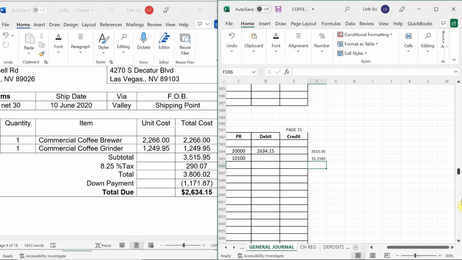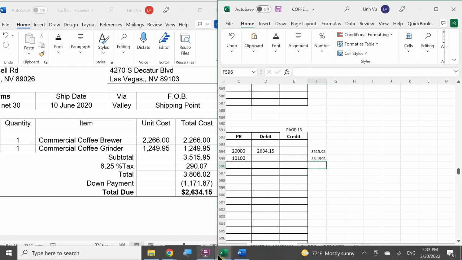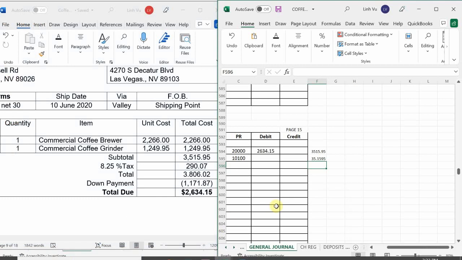Now, how are you going to journalize this discount? As an allowance? No, this isn't an allowance. You're not attempting to return anything.